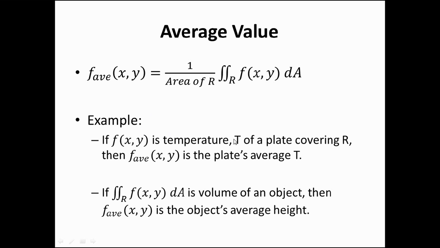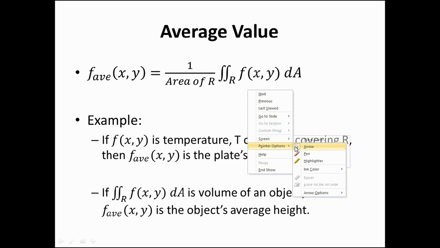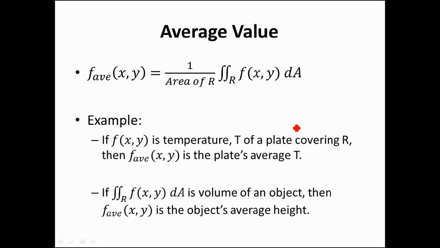So the temperature here is the temperature of the plate, which is this area R, right? So how do we find the average temperature? Well, you could imagine it as a plate here.